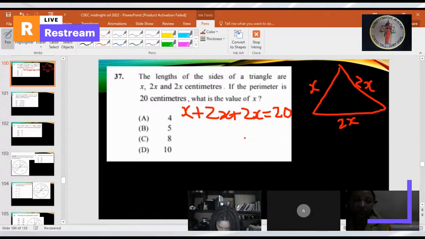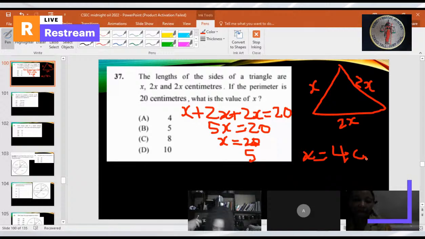That gives us 5x equals 20, and we divide both sides by 5, which gives the value of x as 4 centimeters, which is A. Correct.